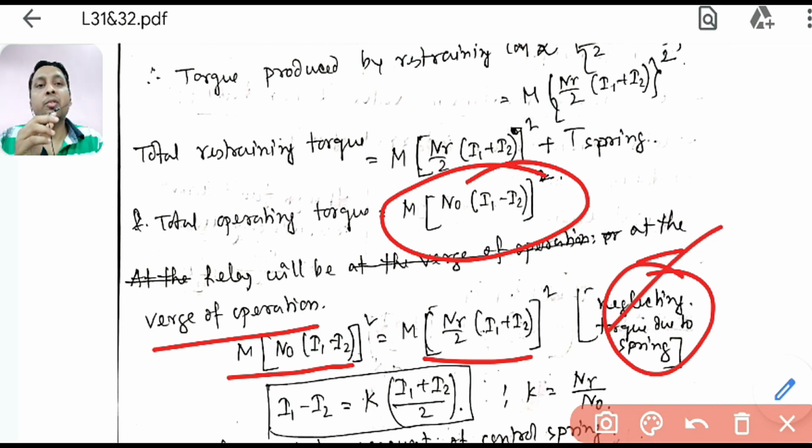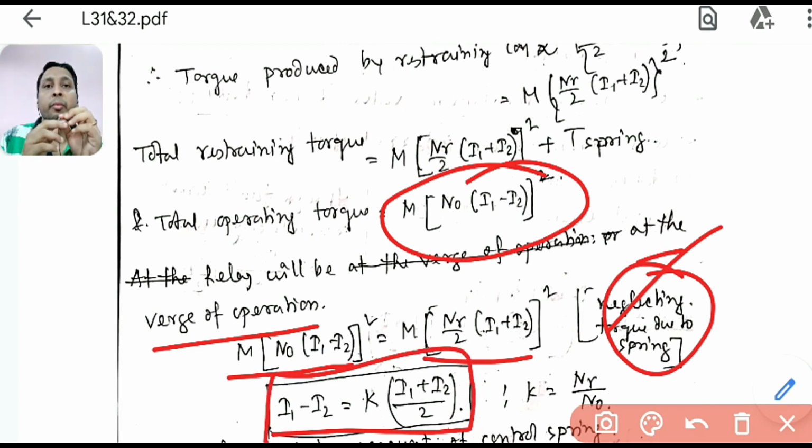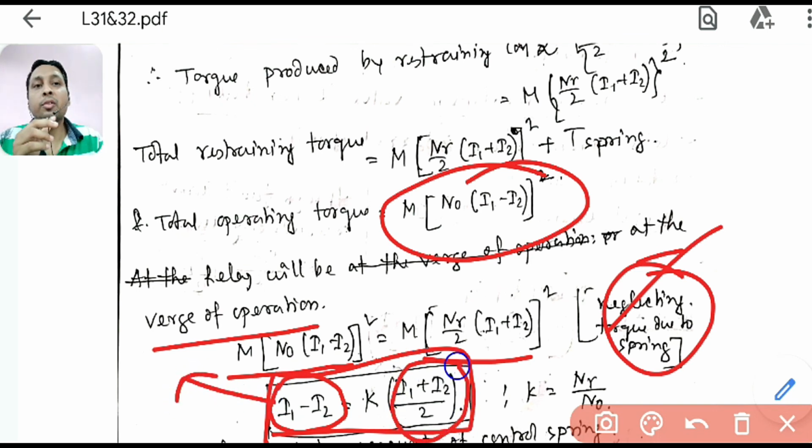So if you neglect this, your equation becomes, this is the main equation you can think of. This is your operating torque, or you can say the spill current, and this is your through fault current, you can say. Because I1 is, you can think, IF, the fault current, some portion of the fault current. Forget about the CT ratio, think 1:1, I am just giving the idea. So I1 is giving IF, and I2 is external fault.